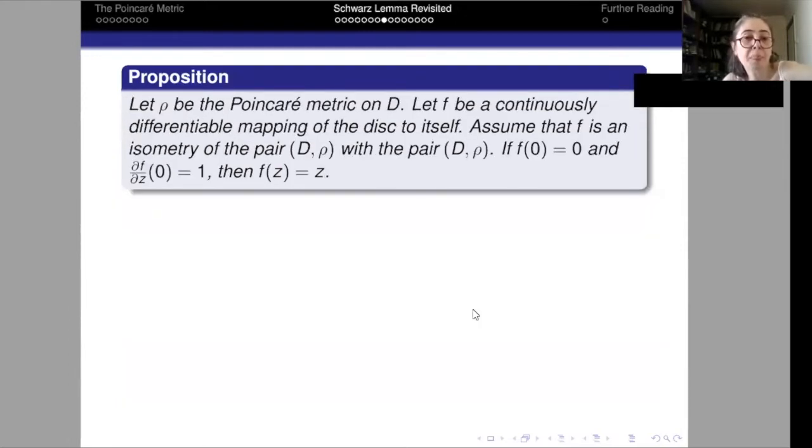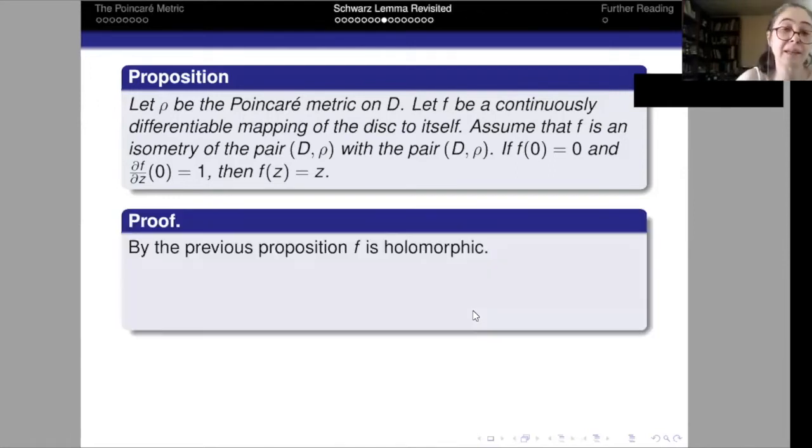So after this, we have another proposition. We take a continuously differentiable mapping f of the disk to itself. We assume that f is an isometry. If the value of f at the point 0 is equal to 0, and the derivative of f at the point 0 is equal to 1, then f(z) is the identity. Now, by the previous proposition, we know that f is holomorphic.